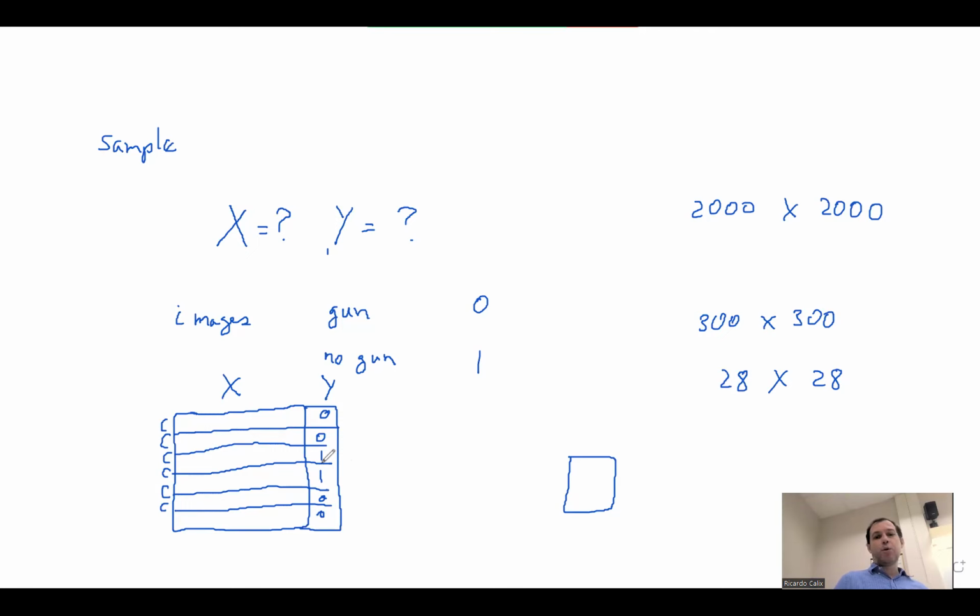And the other ones hopefully don't have it, and so there's no gun. Got it? So this is called supervised learning, or a classification problem, and you're learning how to correlate the data to the class. So you need to provide the labels. There are other techniques where you don't provide the labels, but then you can't use neural networks like this. You have to use other techniques, and they're not as accurate. Okay, got it? All right.